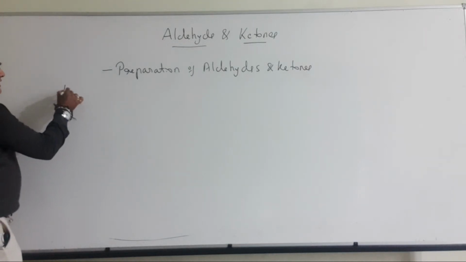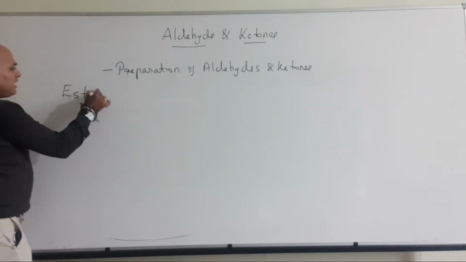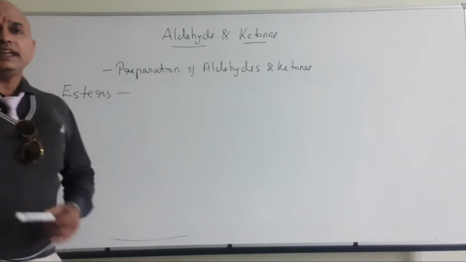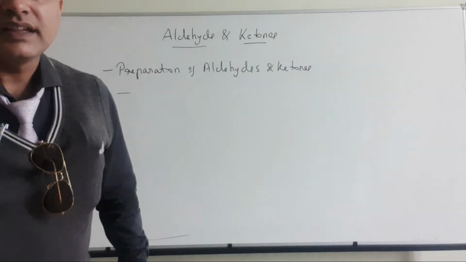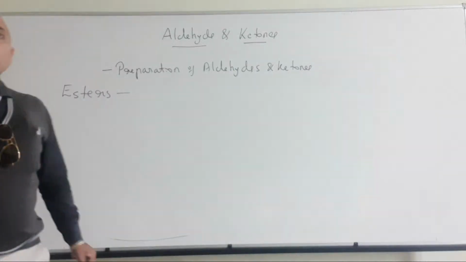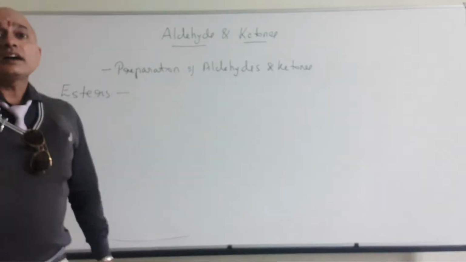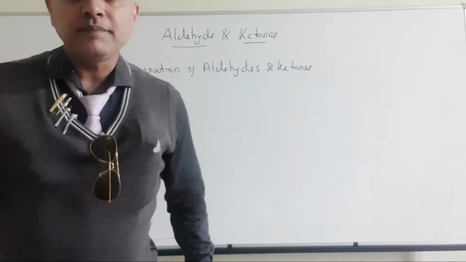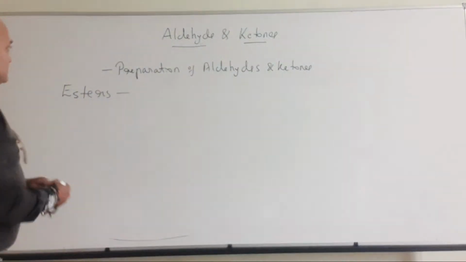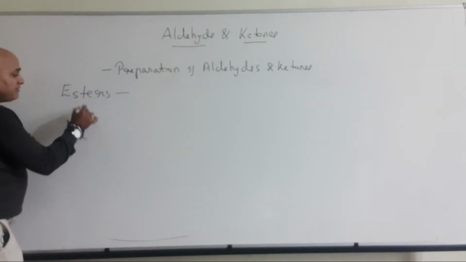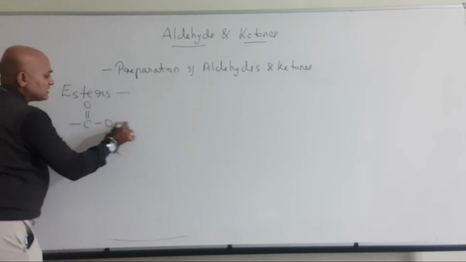Before going to the reaction, what are esters? We have studied this already in the alcohol topic, and we are going to study it once again in the carboxylic acid topic. So what are esters? Esters are nothing but molecules which have a linkage like this.